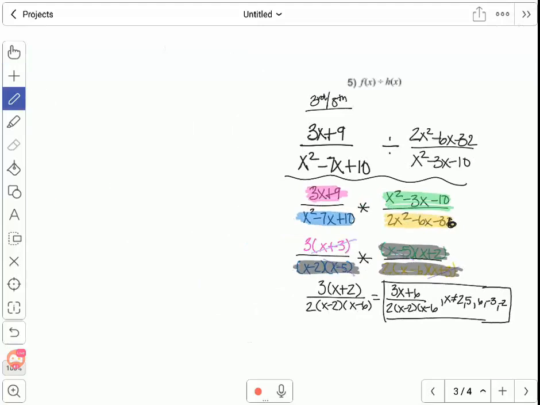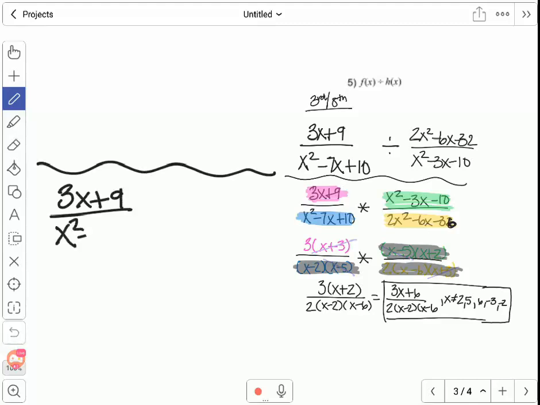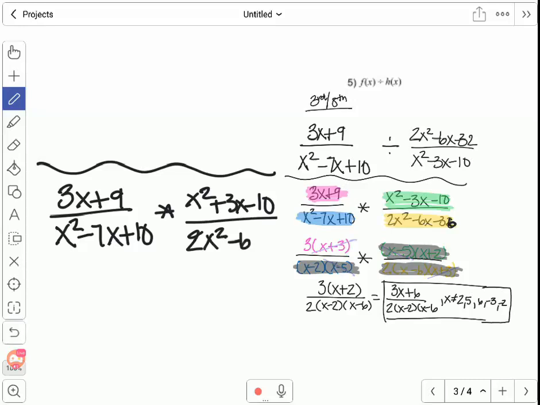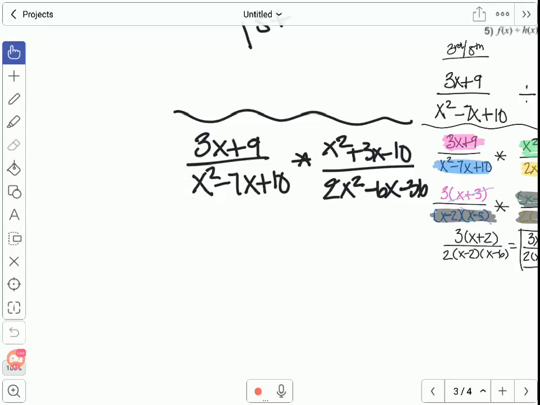The problem I gave to first period, and I'm going to start at this same step here, was 3x plus 9 over x squared minus 7x plus 10 times x squared minus 3x minus 10 over 2x squared minus 6x minus 36. Again, this is the problem that I gave to first period. So if you're not in my first period, then this problem has no bearing on your life.